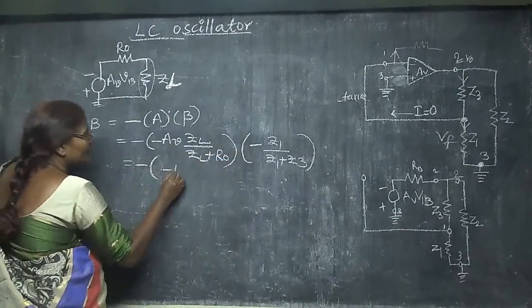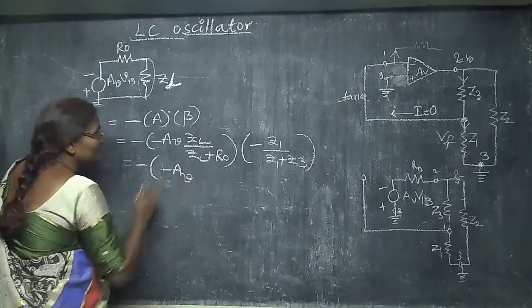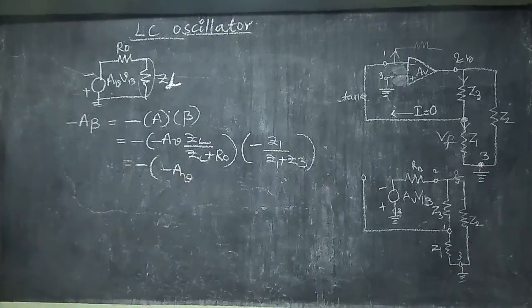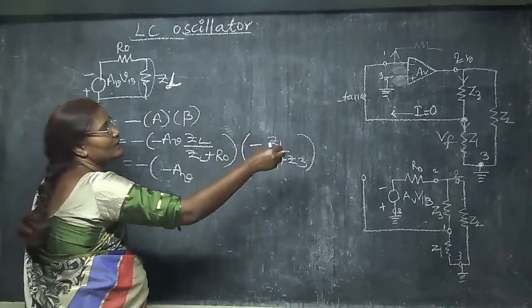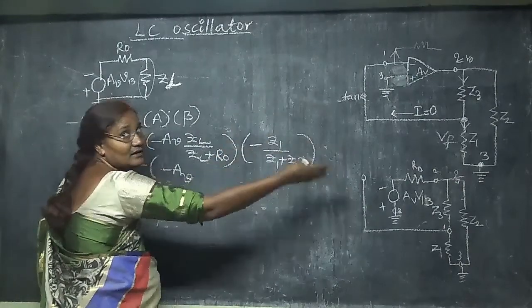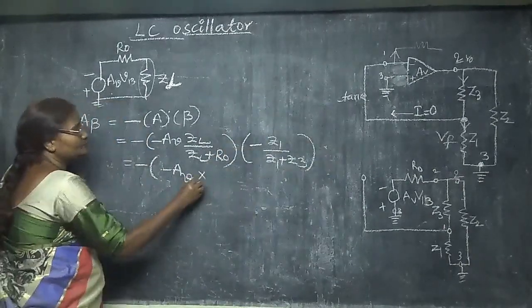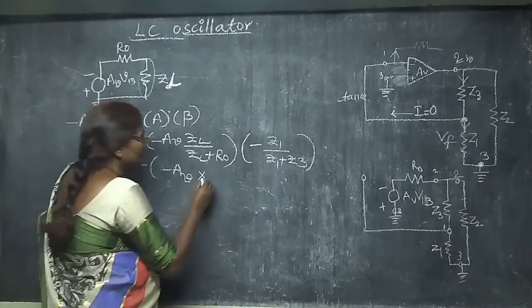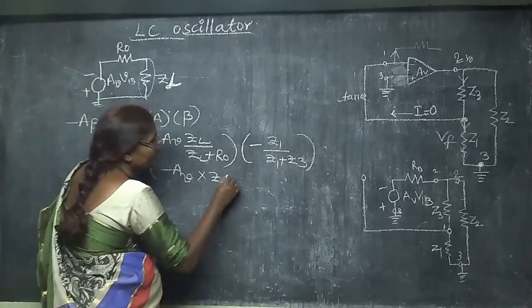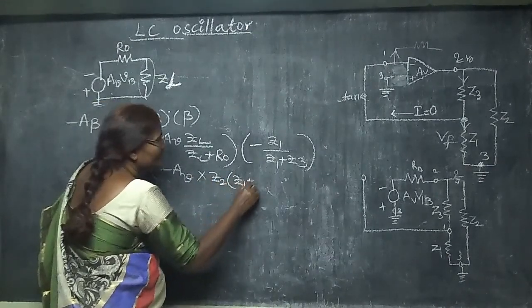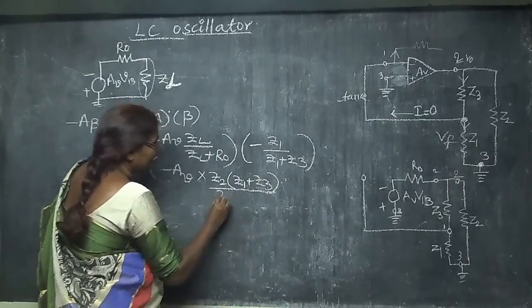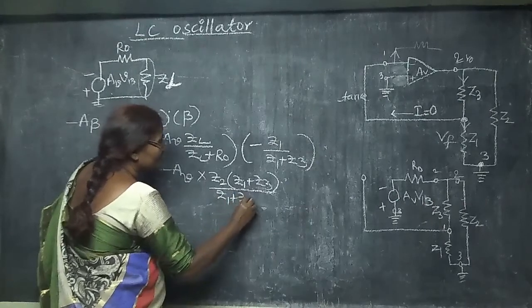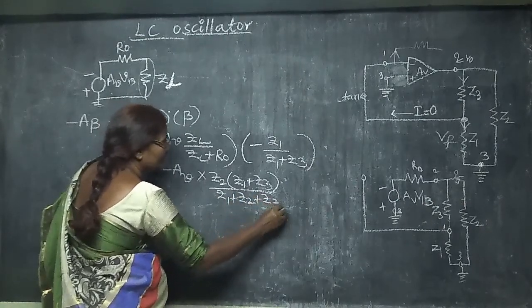What is ZL going to be? Already we have seen what ZL is. The load impedance is the series combination Z1 plus Z3, which is in parallel with Z2. So I can write this as Z2 into Z1 plus Z3 divided by Z1 plus Z2 plus Z3.